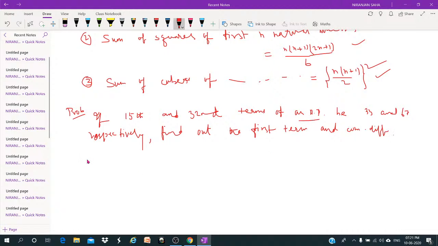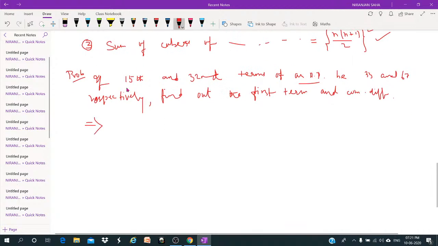So how can we solve this? Here the 15th term and the 32nd term are given, 33 and 67.